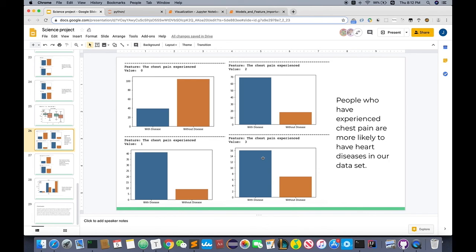We can see that people who have experienced chest pain are more likely to have heart diseases in our data set. Also, I think this is very reasonable. If we have heart disease, then we are more likely to experience chest pain.